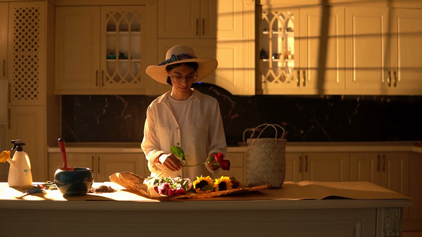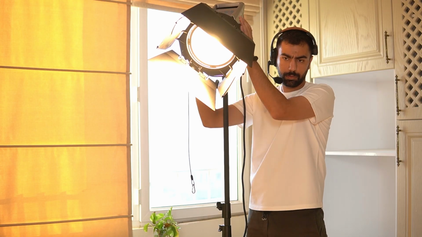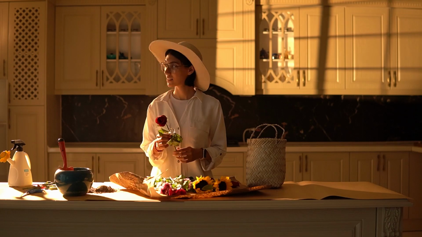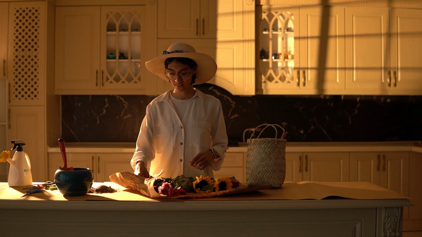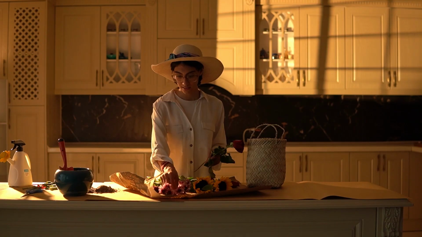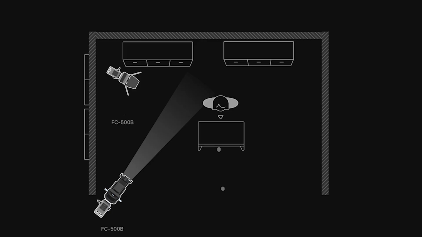I can also zoom the Fresnel, allowing me to focus my light more tightly or wider on my subject. You can do this without adding a Fresnel, but the Fresnel helps better simulate the window light.